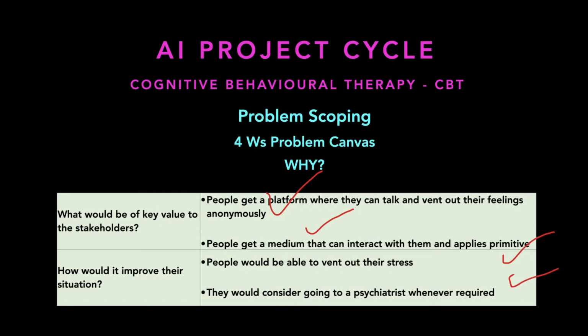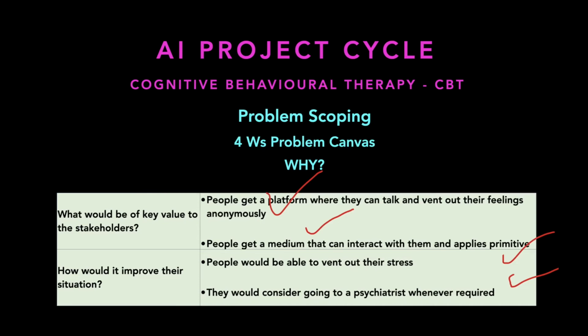So that means we are trying to give them an anonymous platform where they'll just throw out their feelings or their thoughts and feel very relaxed and comfortable, right? Once they do this and they feel good, then slowly they might consider that it will really be beneficial if they go and talk to a psychiatrist.